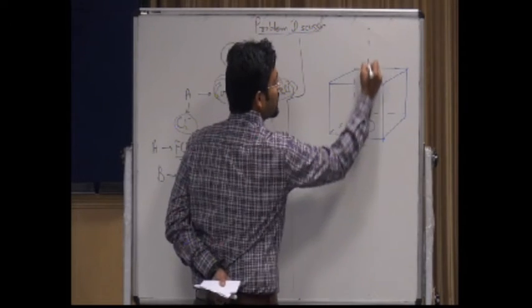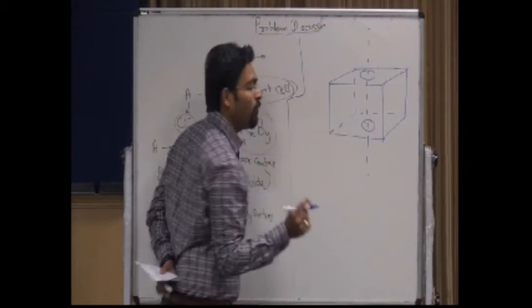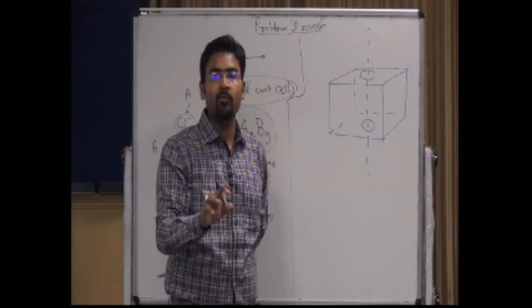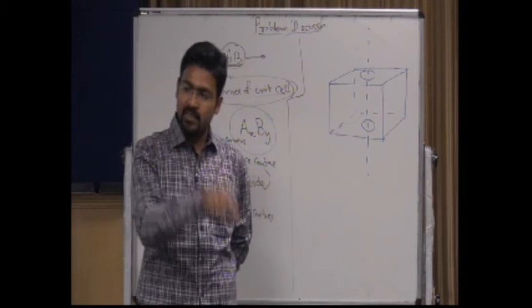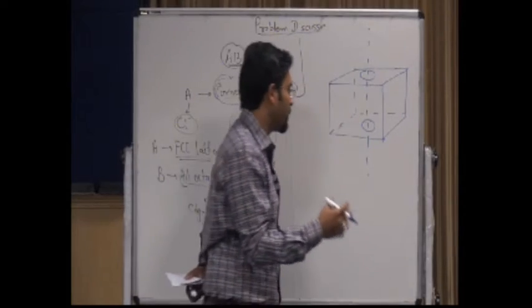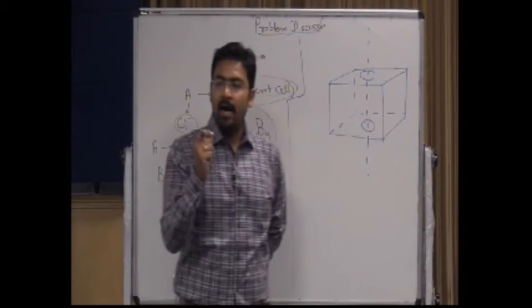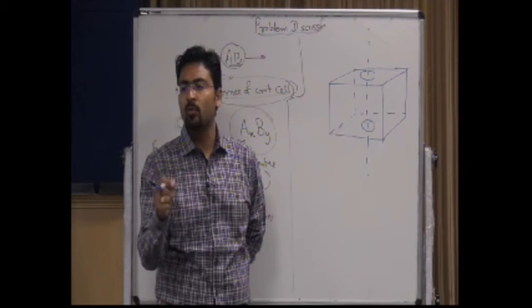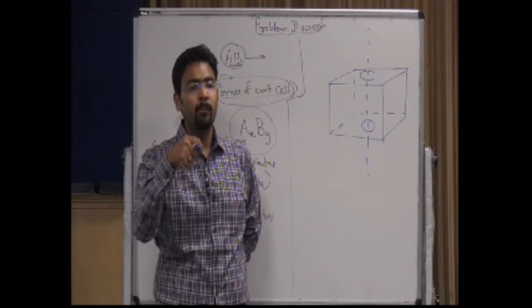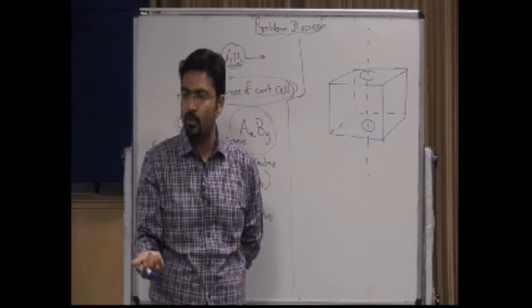There is an axis which is passing through it. I have removed all the face centered atoms. I have not removed any other atom. But let's assume a situation where I have modified the same question to a new case where I have removed all the atoms falling on the axis passing through face centers, or passing perpendicular to a face and through a face center.